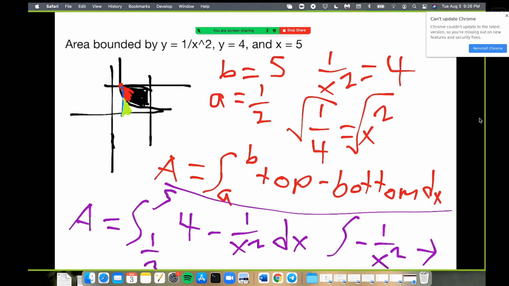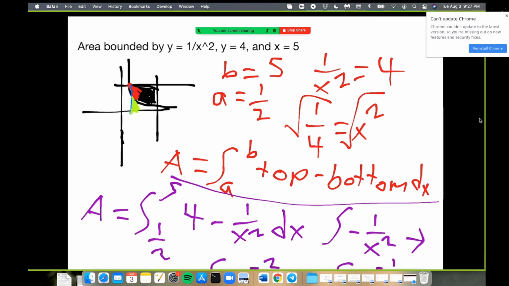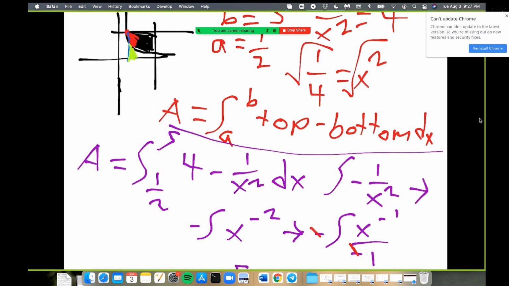You solve for those by finding the rightmost point and then the leftmost point, if you're looking at it with respect to x. In which case we knew it was x equals 5, so that would be the top limit. And then you solve for the leftmost limit. In this case, it would be x equals 1/2, and then you can plug in those values, knowing that the top function is y equals 4, the other one is y equals 1 over x squared.